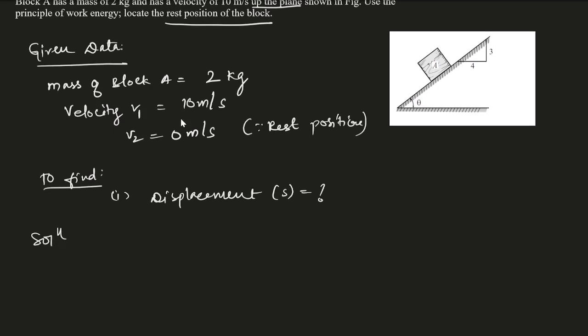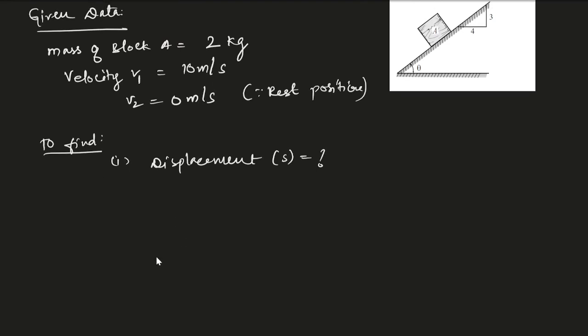Before going to the solution, we have to draw the free body diagram for the given diagram. Here, this is the inclined plane. This is our first position, block A, and they have given theta.